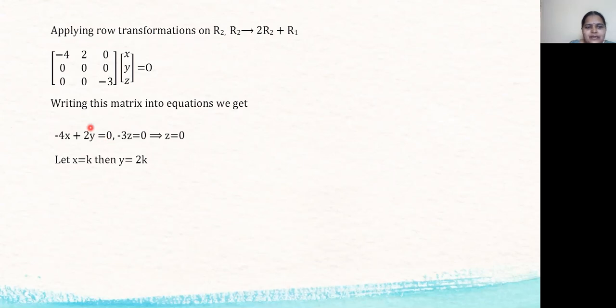Here we can take any value as k, we can take x value as k, or we can take y value as k. There is no problem. So if we take x value as k, then we get y value as 2k. So the third eigenvector is x3 equal to xyz: x value k, y value 2k, z value 0. If you take out k, then we get 1, 2, 0.